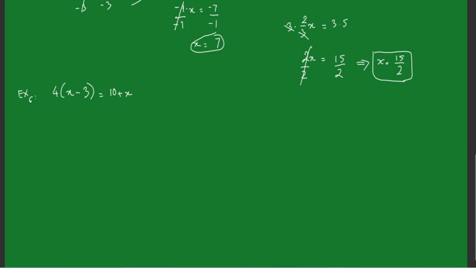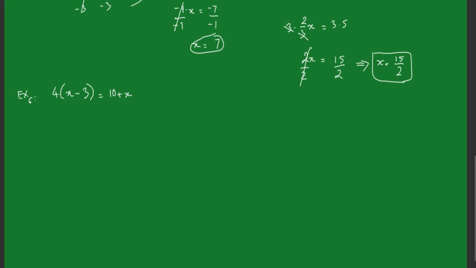Let's see how we're going to do this. When you have a number in front of a parenthesis like this, it means multiplication. That's kind of invisible multiplication. They never write the multiplication sign right there, but you expect that it means multiplication.